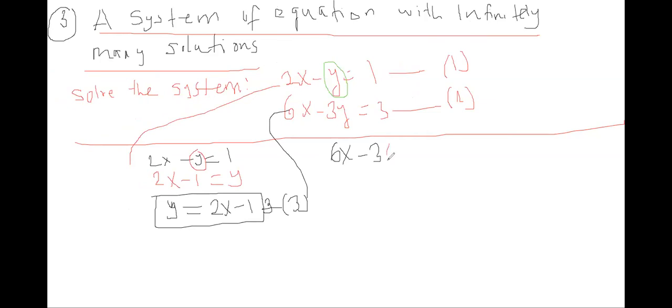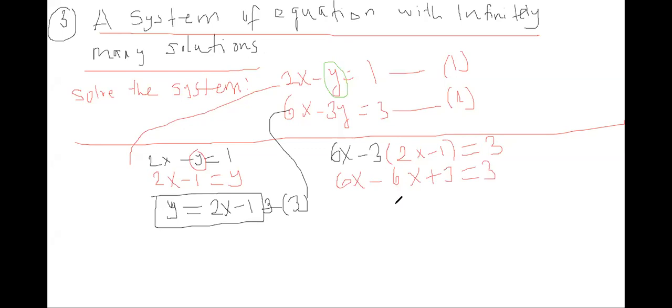So 6x minus 3 times (2x minus 1) equals 3. So what we will have here is 6x minus 6x plus 3. So 3 times 2x gives you minus 6x, and minus 3 times minus 1 gives you positive 3. Then we have equals 3.